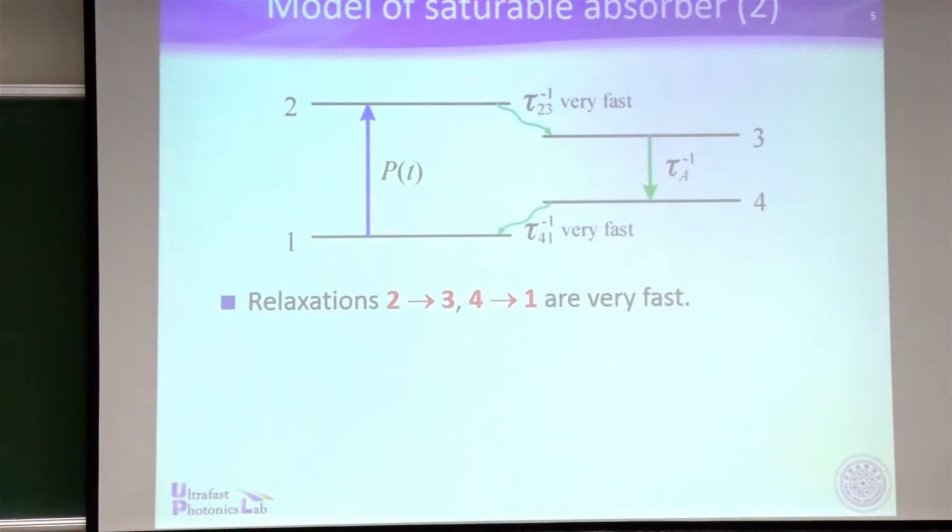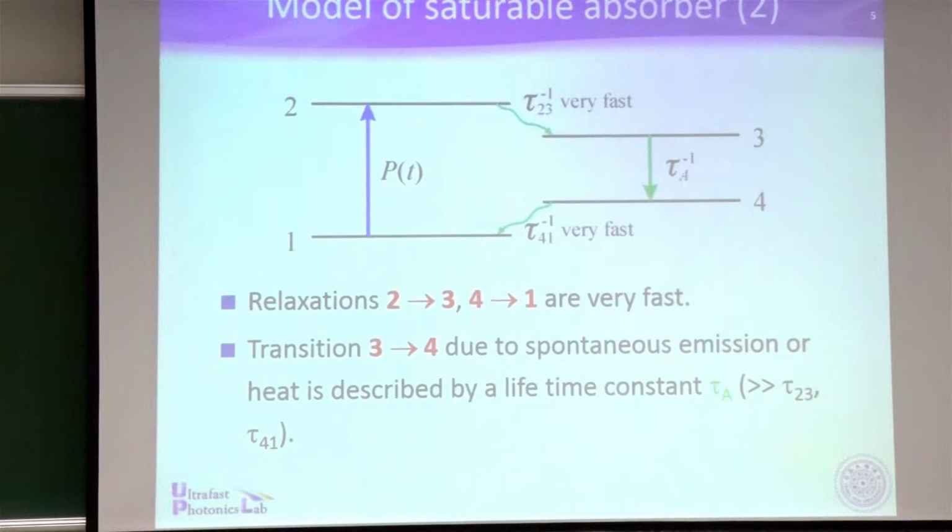And very like the assumptions we made in lesson 1, now we assume the relaxation from level 2 to level 3, which is here, and the relaxation from level 4 to level 1, which is here, are both very fast. So they have very short lifetime constants. And we also designate the transition between levels 3 and 4 here. But this time, the material is an absorber. It's not a gain medium.